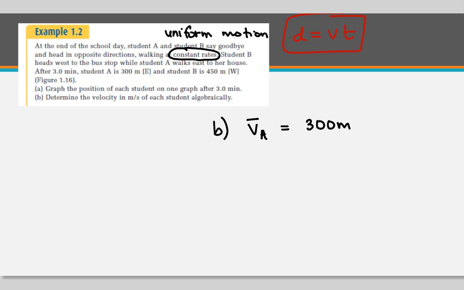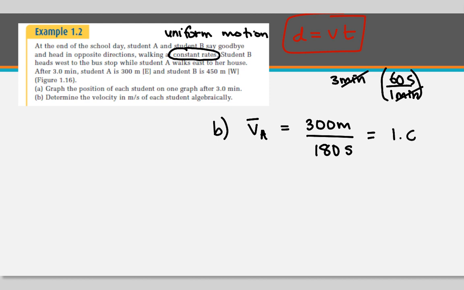300 meters in 3 minutes. How many seconds is in 3 minutes? In 1 minute there are 60 seconds. So 300 meters in 180 seconds. That is, calculator please, 1.6 repeater.